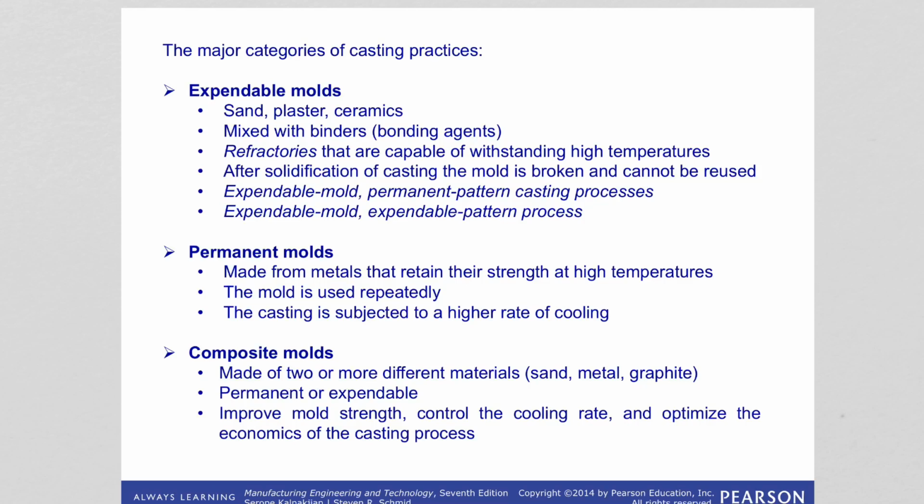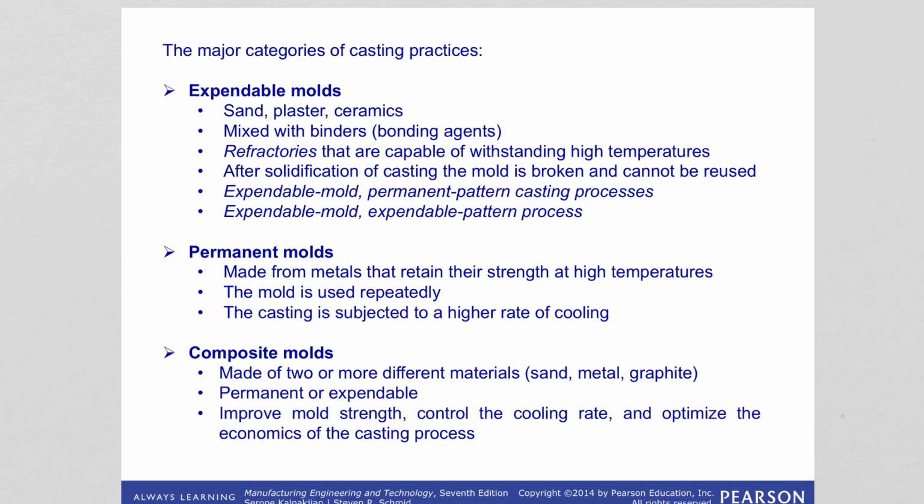So what are expandable molds? These are typically made of sand, plaster, ceramics, and similar materials, mixed with binders to improve their properties. For example, a typical sand mold will have like 90% sand, 7% clay, and 3% water.